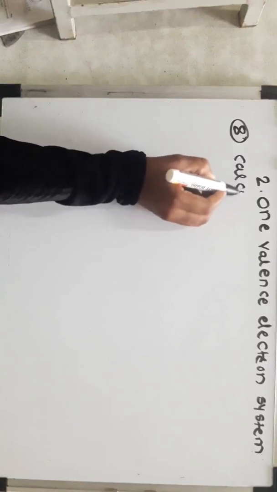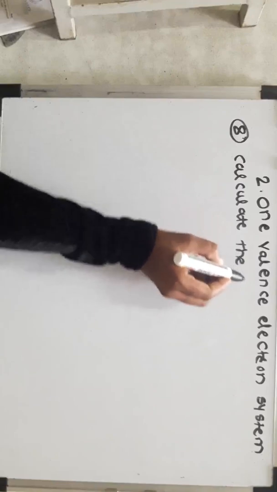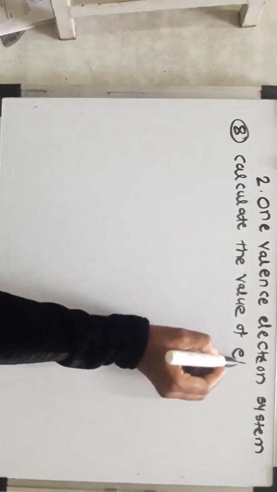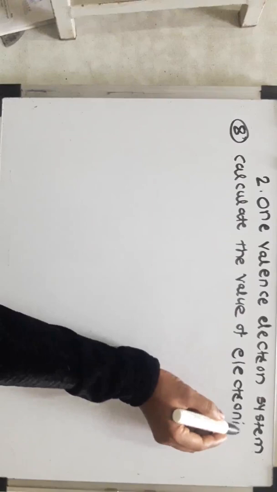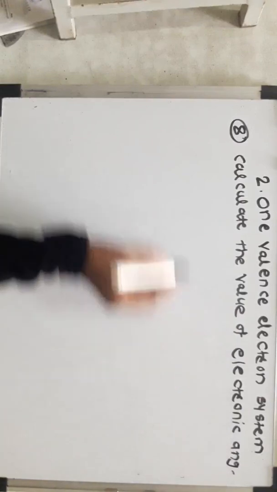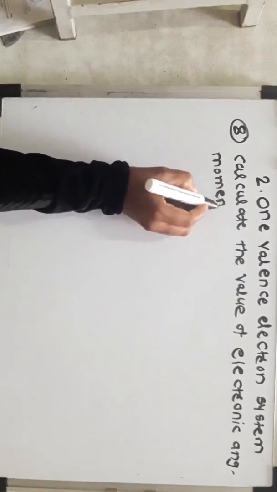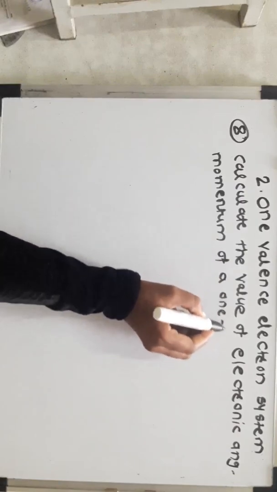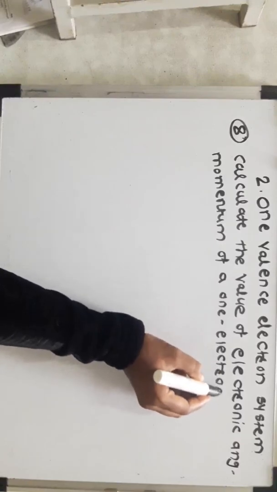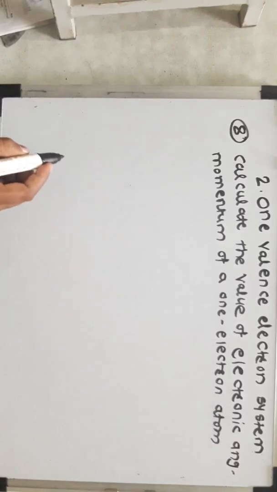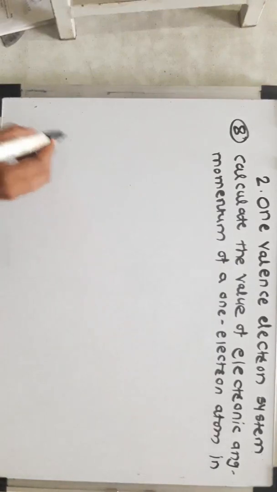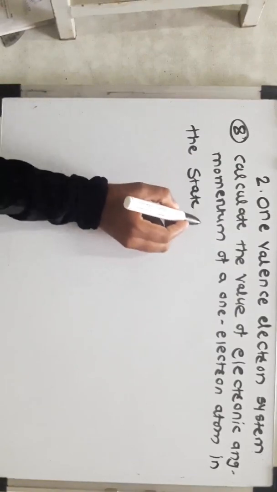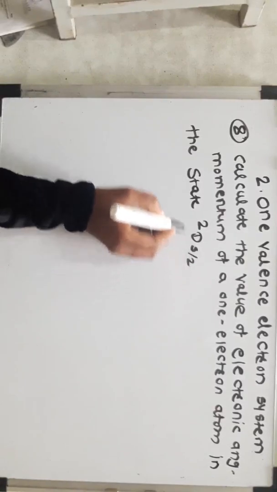Calculate the value of electronic angular momentum of a one electron atom in the state of 2D 5/2.